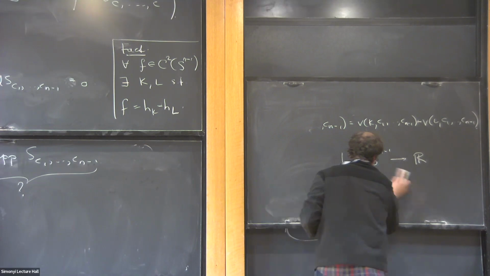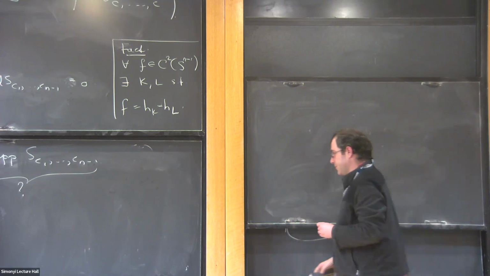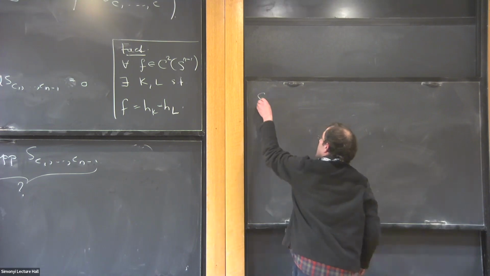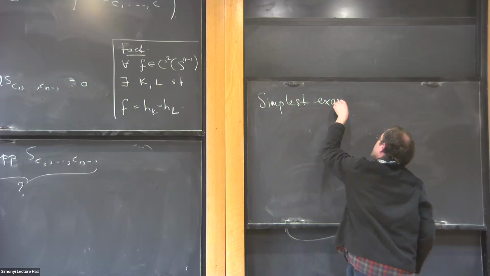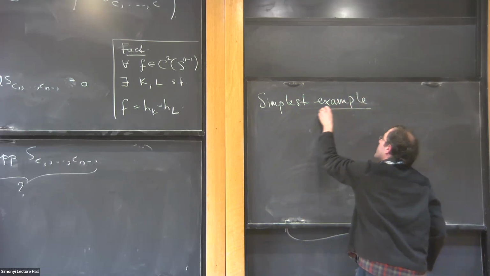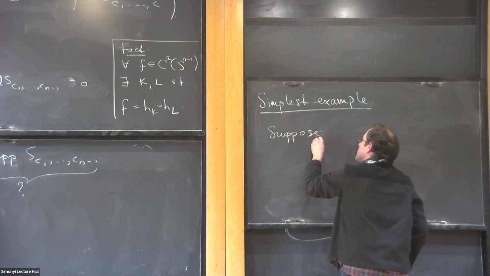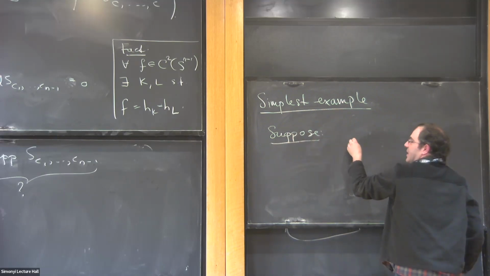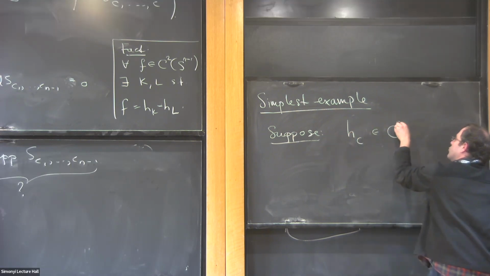So let's first talk about the simplest and most classical case that we could think of. Suppose that I take a convex body, let's say C, such that h_C is C2.